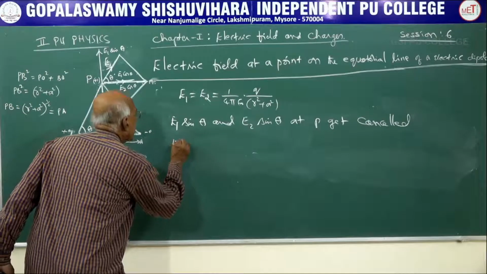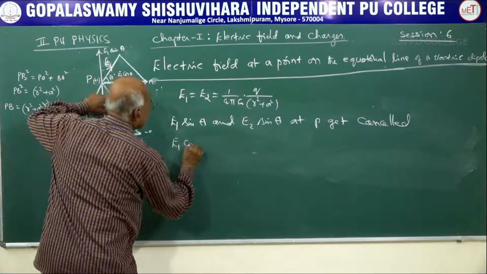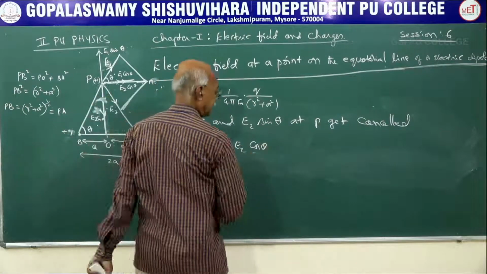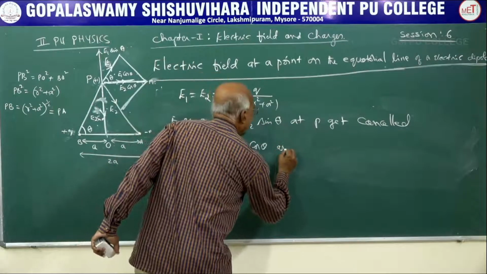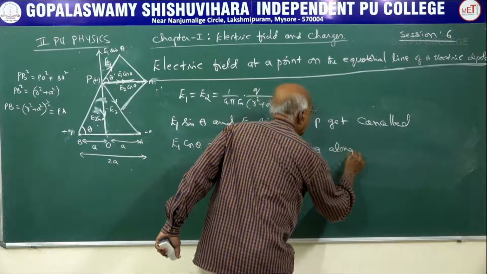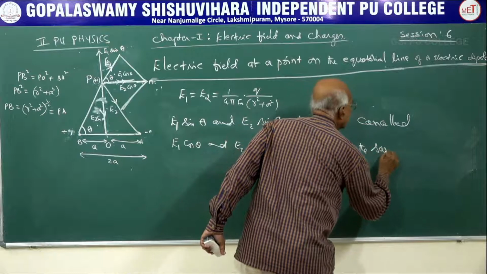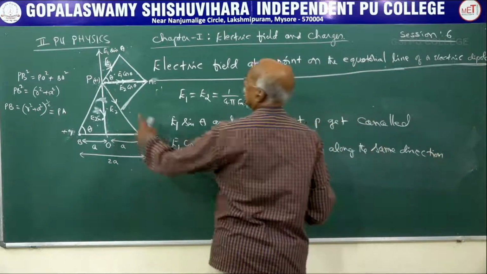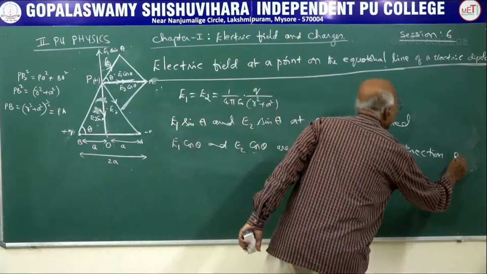So if you consider E1 cos theta and E2 cos theta, they are acting along the same direction, PM.